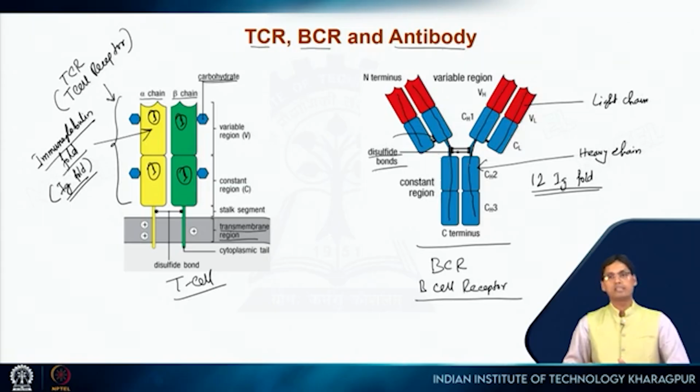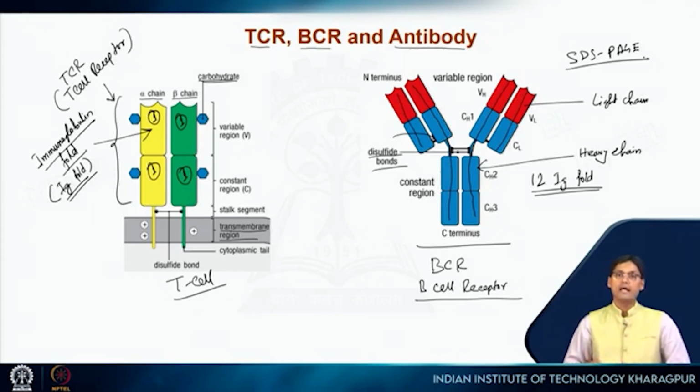There are different biophysical and biochemical techniques, for example SDS-PAGE. This is a gel electrophoresis technique where we analyze proteins, particularly their molecular weight. If we run an SDS-PAGE and load antibody, how many bands will we get?